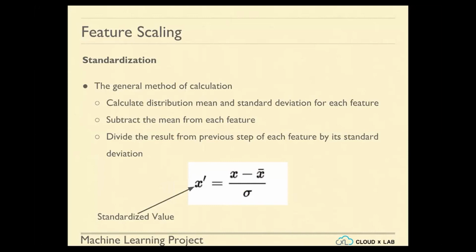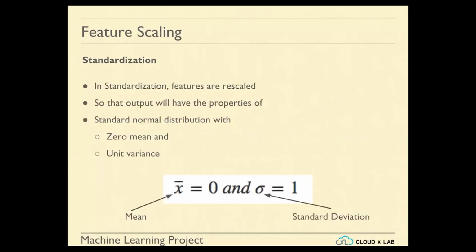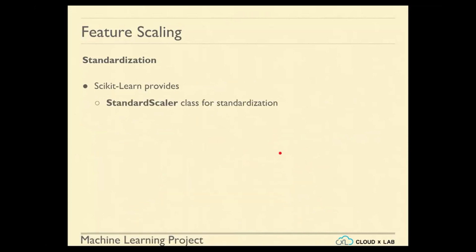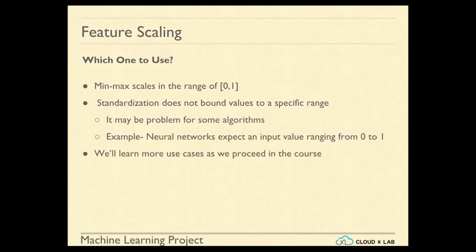Mean would become 0 after we have normalized data. That's what the mean of the normalized data or standardized value becomes, 0. Okay, and the standard deviation is 1 for normalized data, or you can say scaled data. All right.